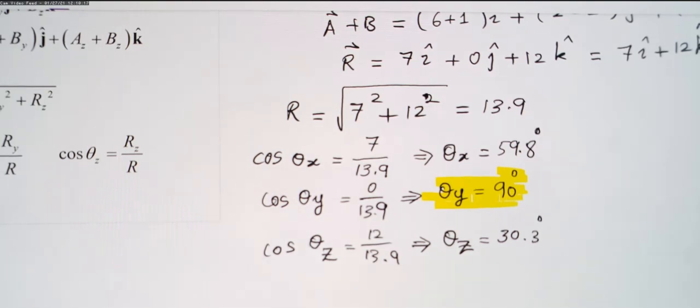In 3-dimension, you have to be an expert in AutoCAD or a 3D program in order to add them properly. So it is the same exact operation, but we do it by adding the x components together, the y components together, and the z components together.